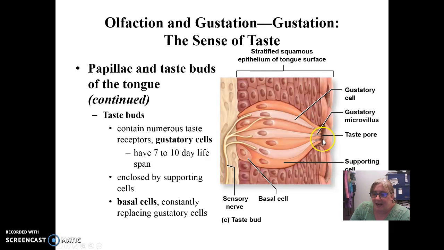They have dendrites that hang out, and because of this, we also have basal stem cells right here that are constantly replacing gustatory cells because they get damaged very easily. And then we have the supporting cells, which is this one between each of those gustatory cells.